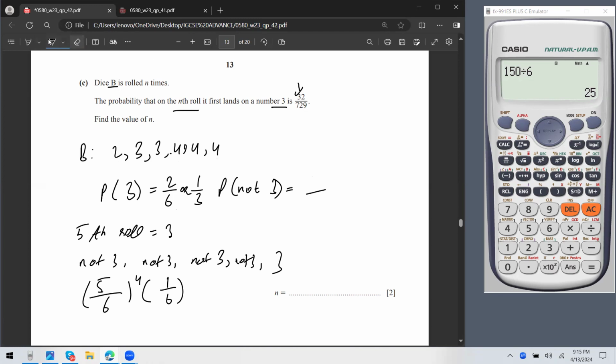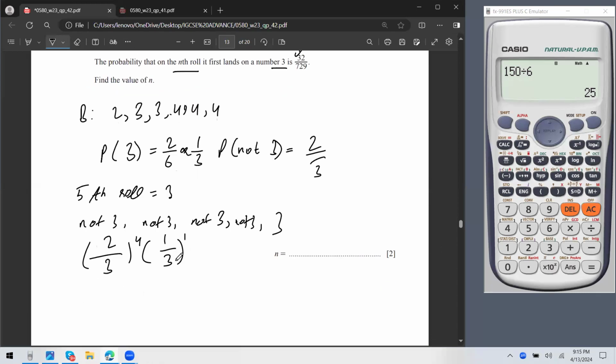Let's edit them. Now you need to change this also. First four are not 3, so 2 by 3 raised to power 4. And the fifth one is 3, so 1 by 3 raised to power 1.